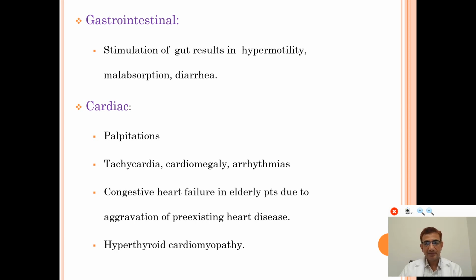Cardiac manifestations include palpitations, tachycardia, cardiomegaly, arrhythmias, congestive heart failure in elderly patients due to aggravation of pre-existing heart disease, and hyperthyroid cardiomyopathy.